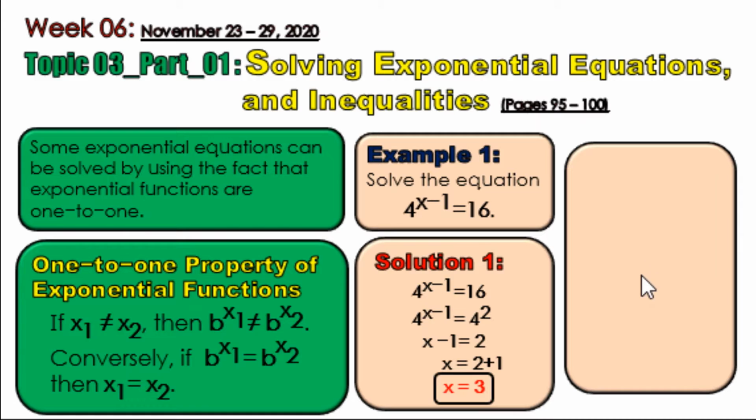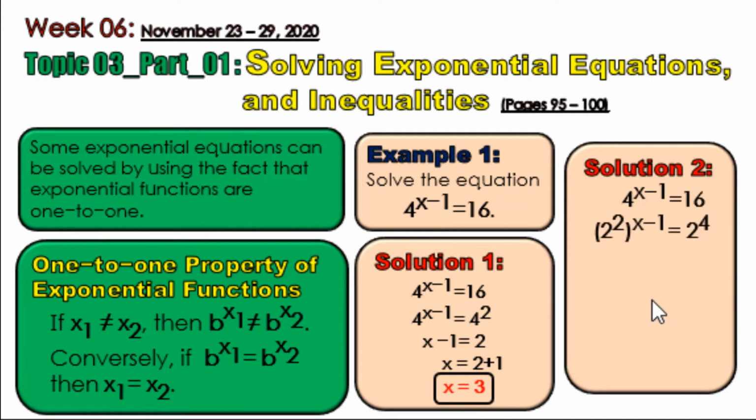We can also have another solution. We can make our bases equal to 2, so 4 can be expressed as 2 squared and 16 can be expressed as 2 raised to 4. Using the law of exponents, we multiply the exponents. So we have 2 times x is 2x and 2 times negative 1 is negative 2.